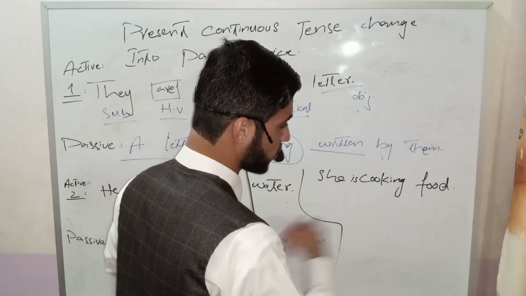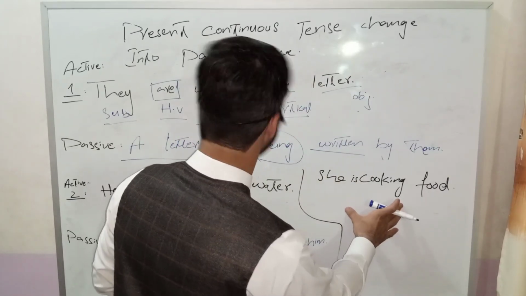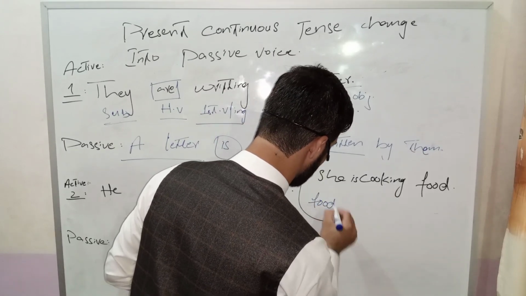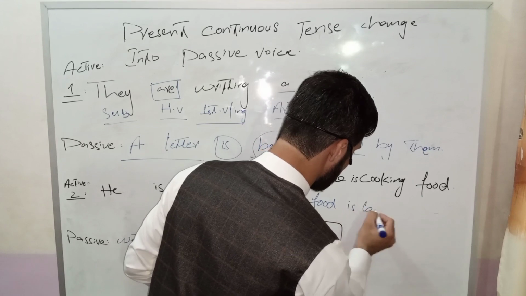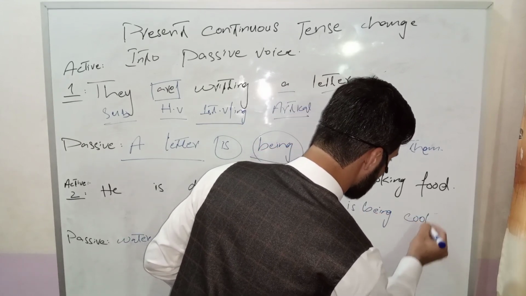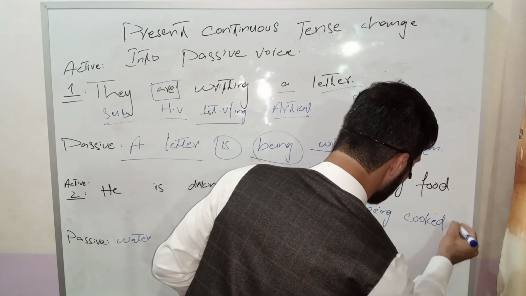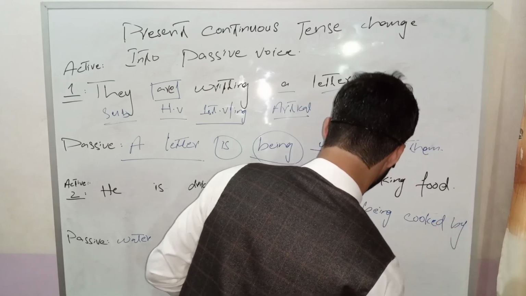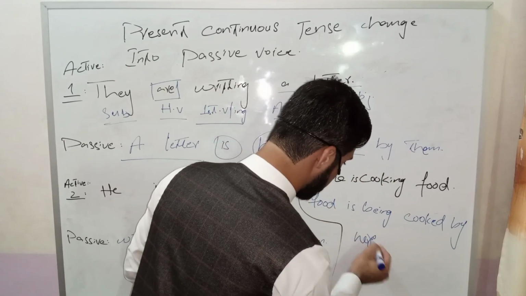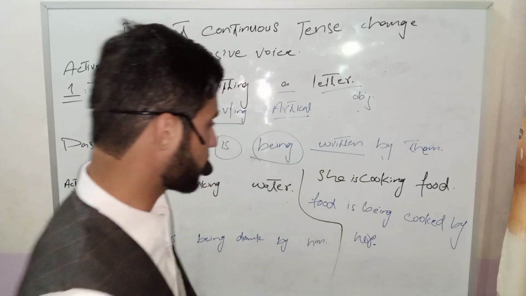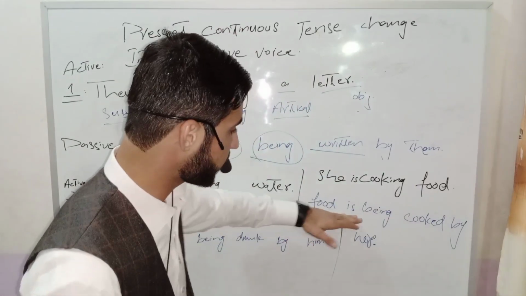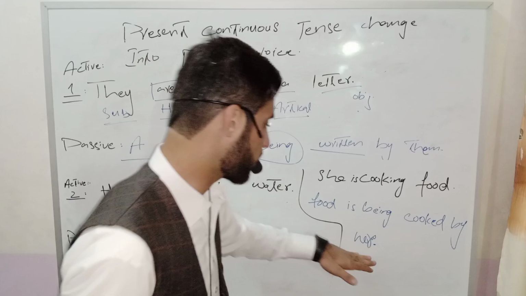Now the passive voice sentence is there: food is being cooked by her. Cooked by her. Now this is our passive voice. She is cooking food. Food is being cooked by her.